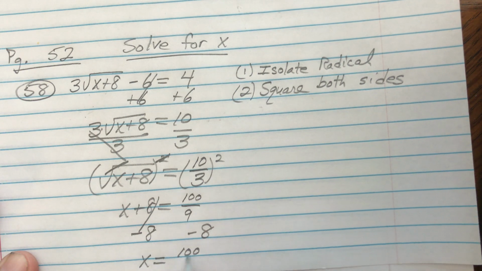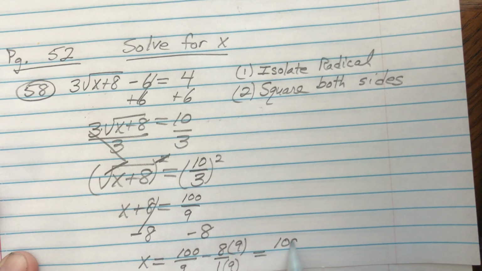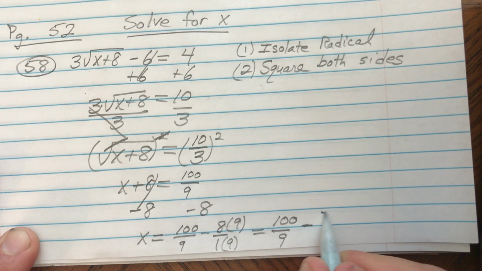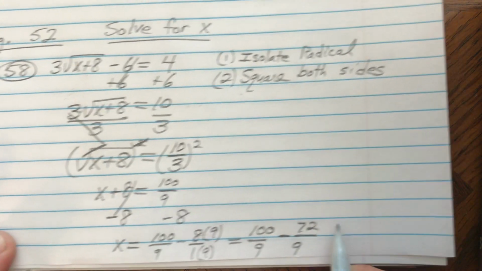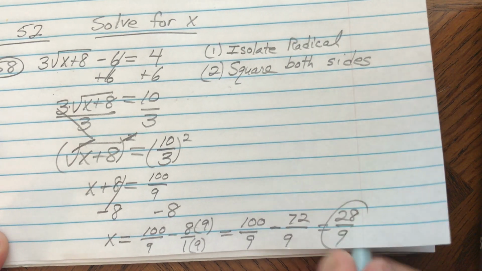So 100 over 9 minus 8, which is over 1, we would want the denominator of 8 over 1 to be 9. So we're really doing 100 ninths minus 8 times 9, which is 72 ninths. That's 28 ninths.